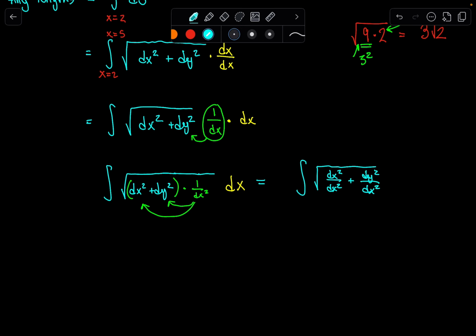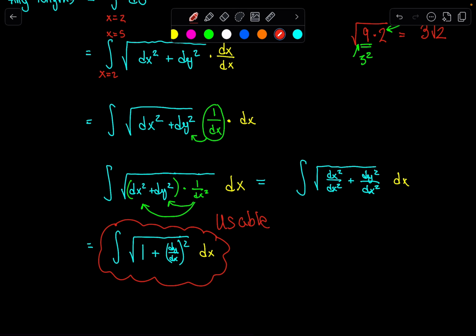And hopefully we notice very quickly that this is an integral of the square root of 1 plus dy dx squared, or derivative squared, with a dx on the outside. And now this formula here is usable.